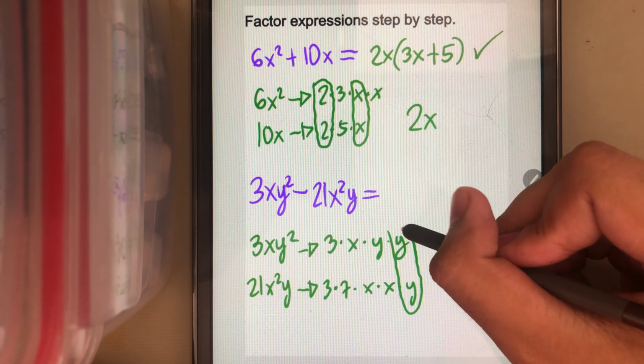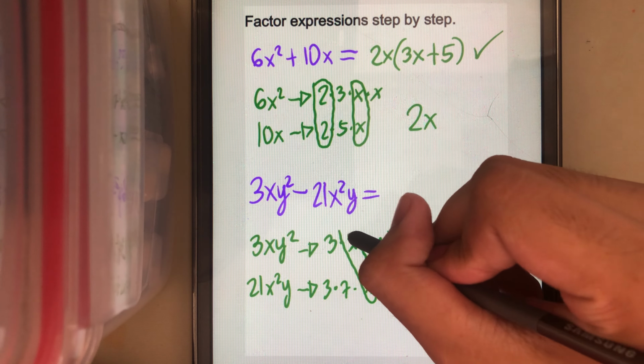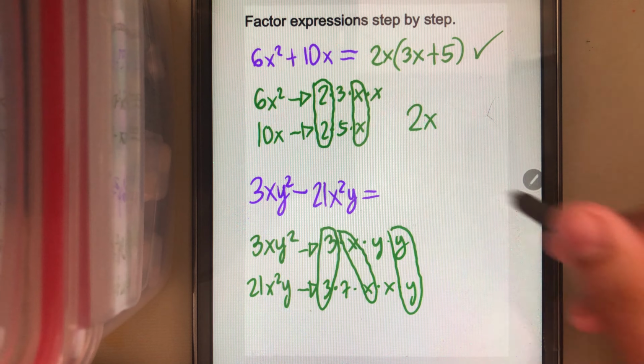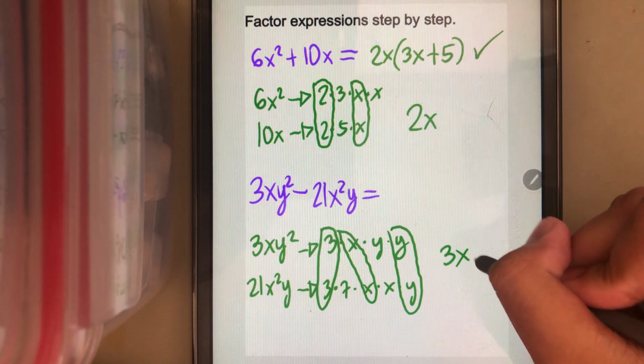You can encircle the common factors. So the common factor is 3xy.